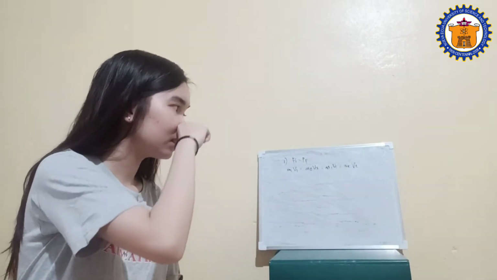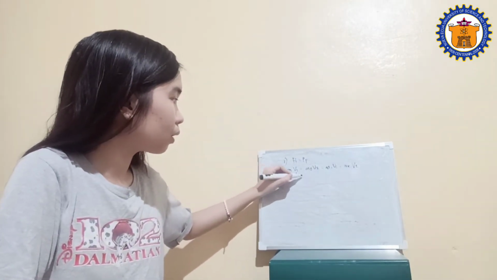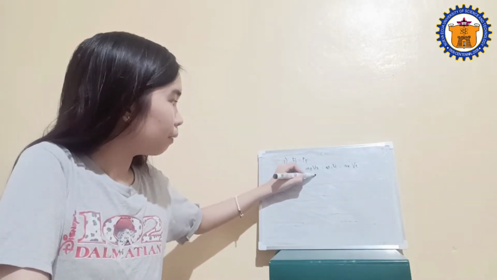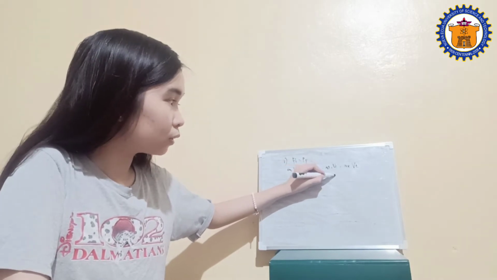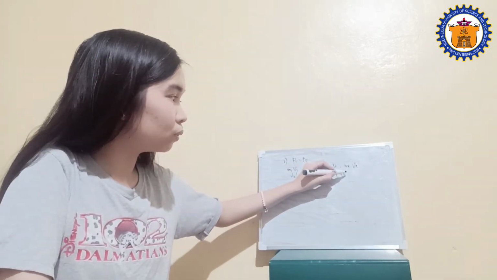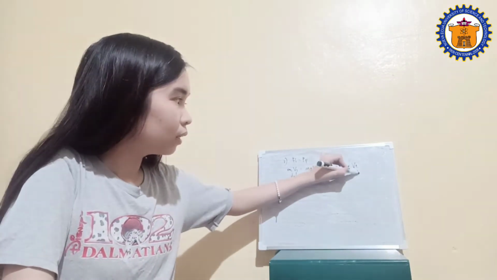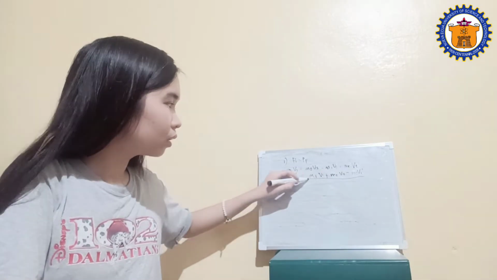And since ang hinahanap si velocity, kailangan si velocity lang yung matira. Kaya naman, V2 prime is equals to M1 times V1 plus M2 times V2 minus M1 times V1 prime, all over M2.